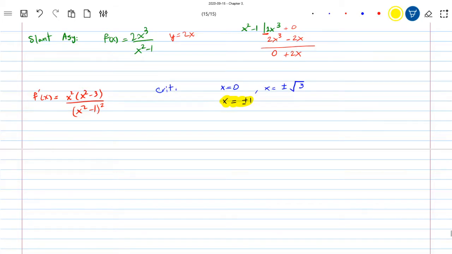Again, be careful with these when I use them on the number line, since the derivative does not exist at those points. These points in order would be negative root 3, negative 1, 0, 1, and root 3.